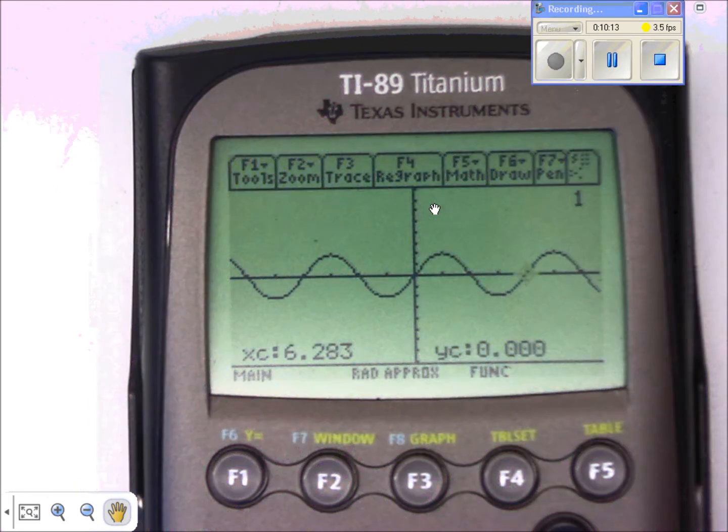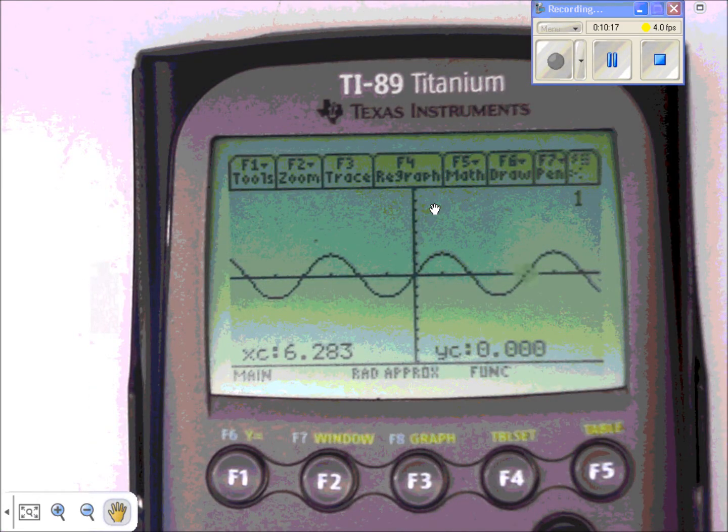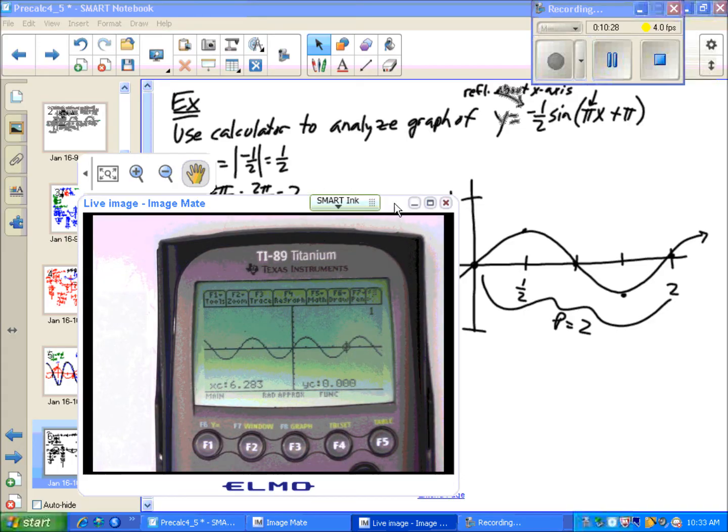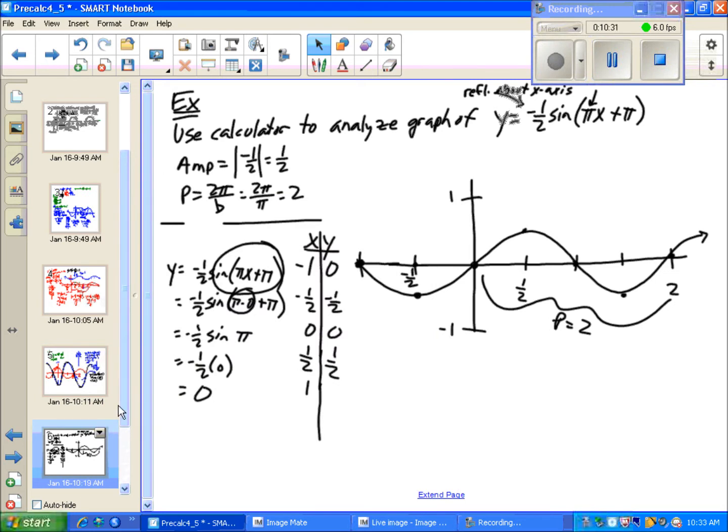It's nice when each scale is about pi halves amount, or what have you. It's involving pi. So zoom trig. Okay, let me go back over here.